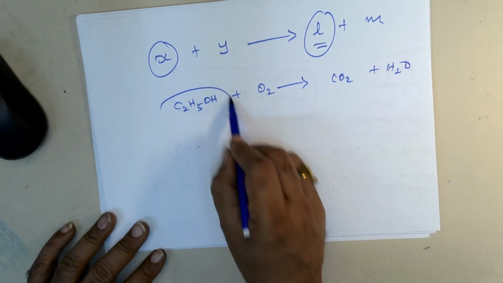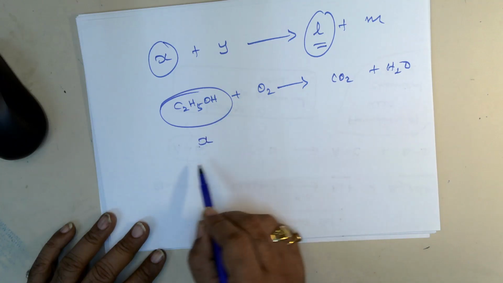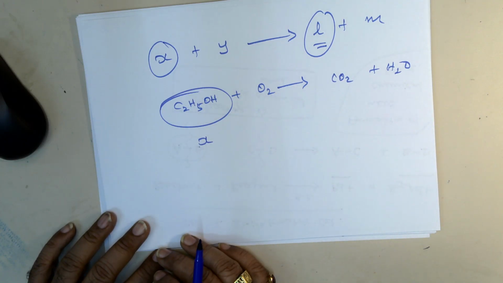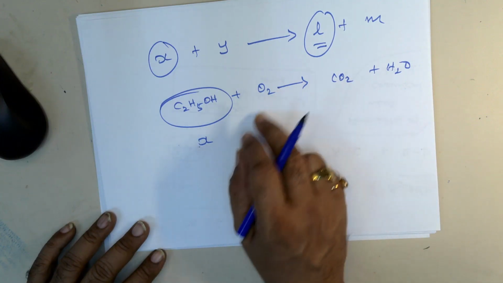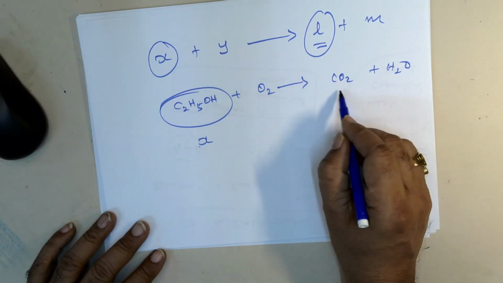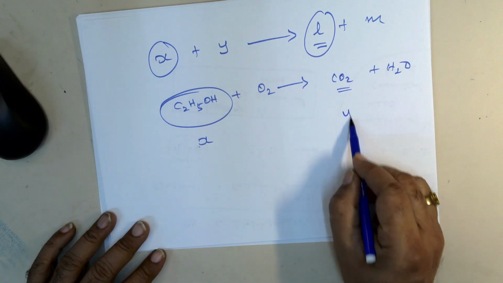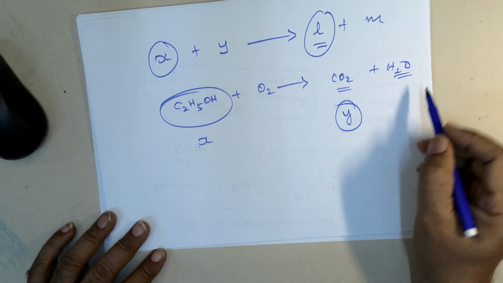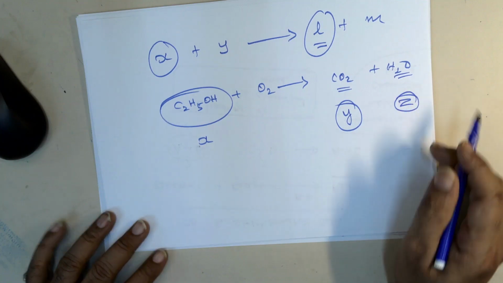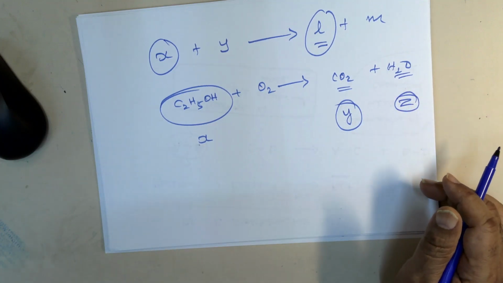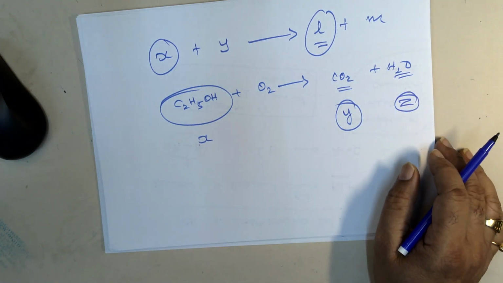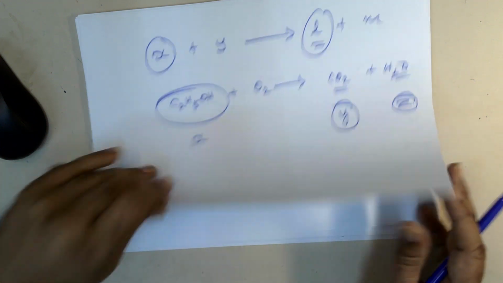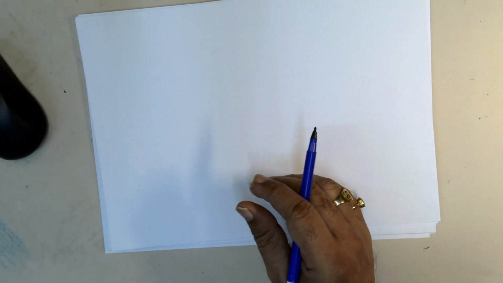So by burning X amount of ethanol that combines with oxygen, Y amount of carbon dioxide would have been released. And we are interested to calculate the amount of water also. Do you understand this?